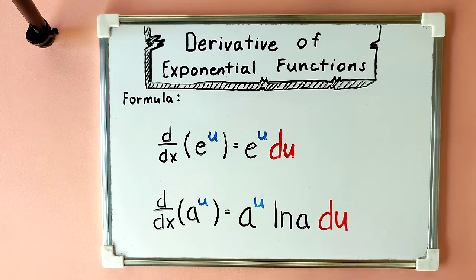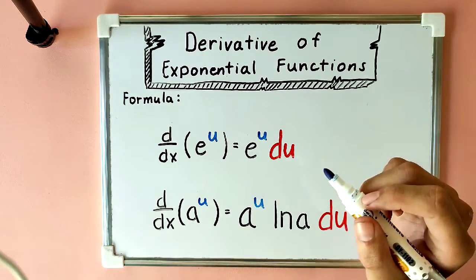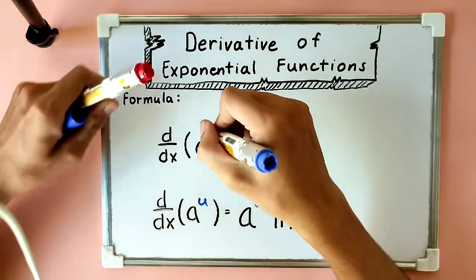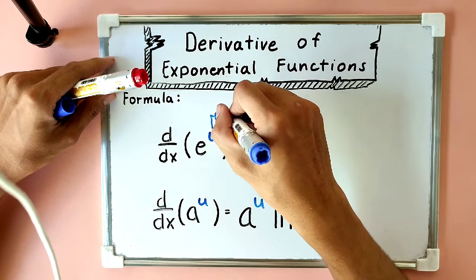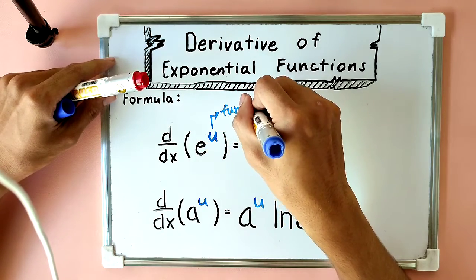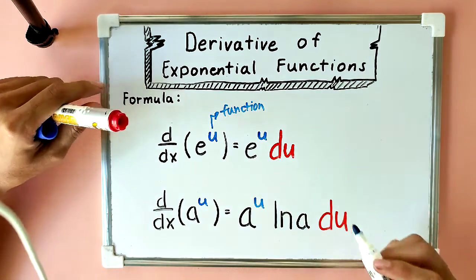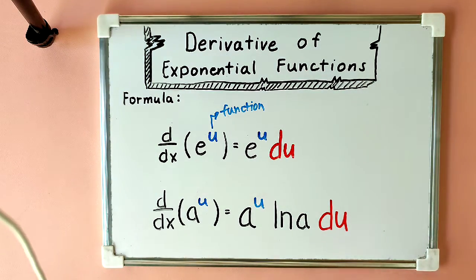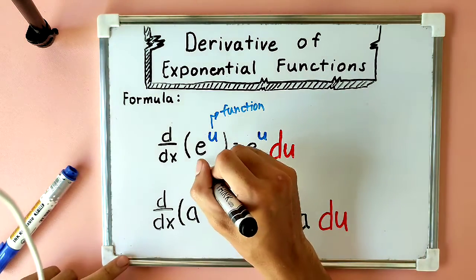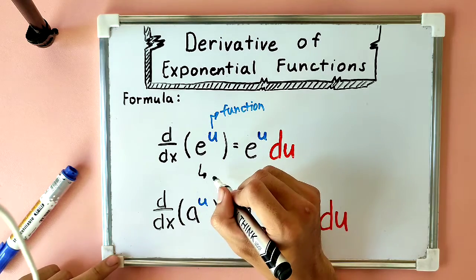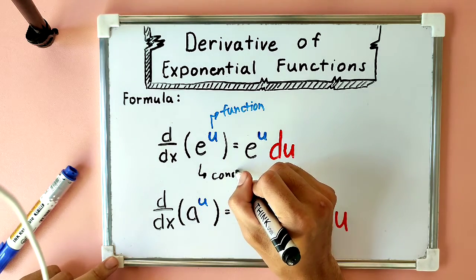So yung u natin dito ay a function, and ang e natin ay a constant.